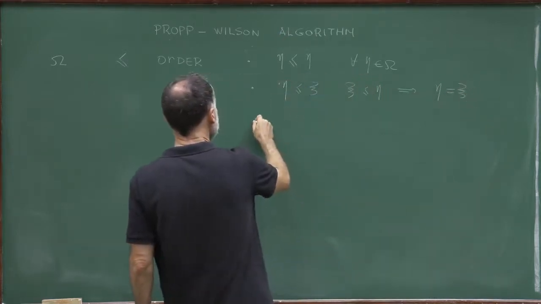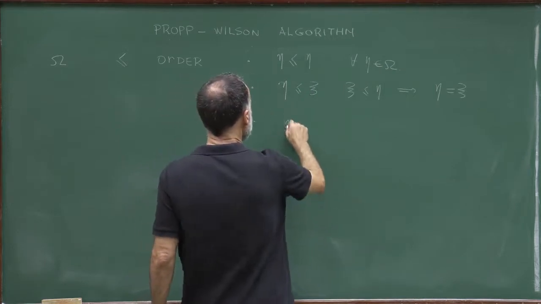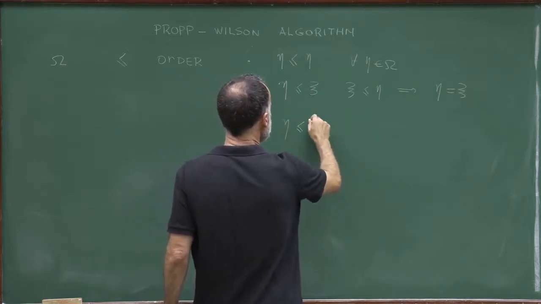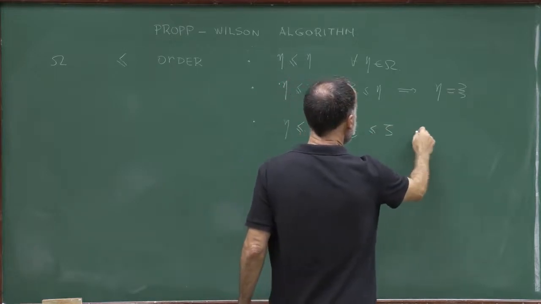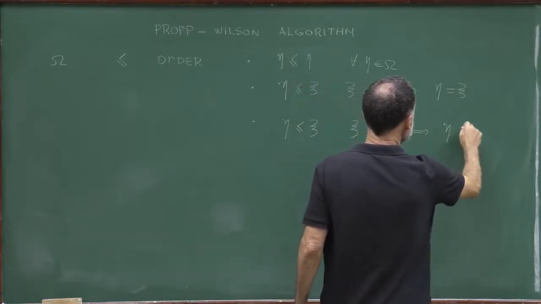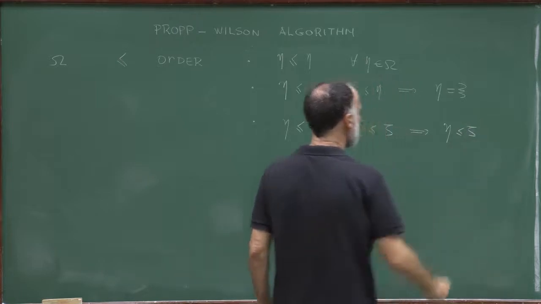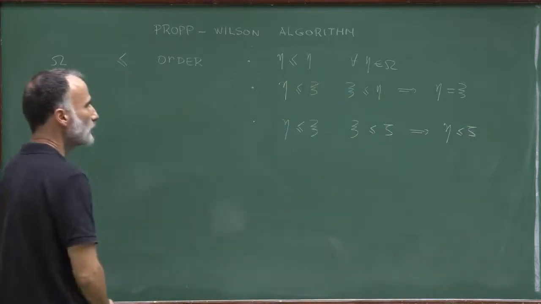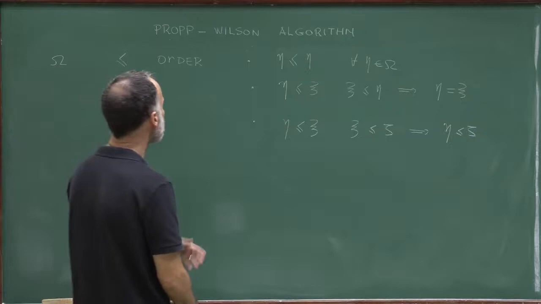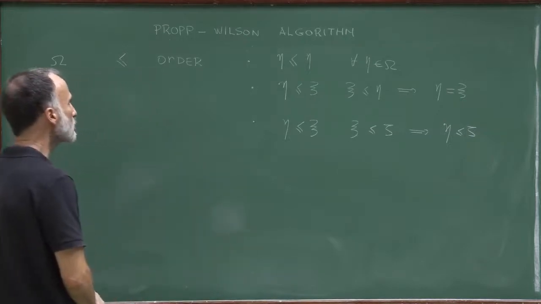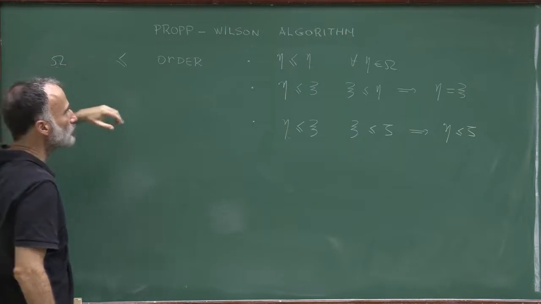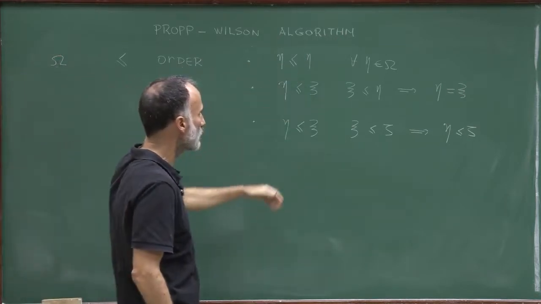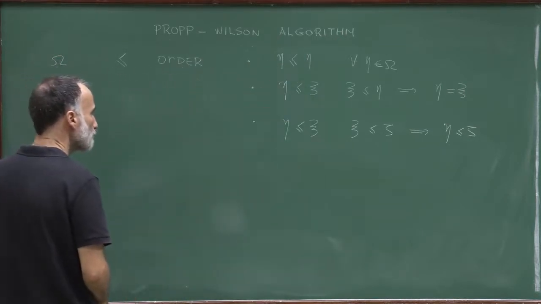And finally, I will require that if eta is less than xi, and if xi is less than zeta, then eta is less than zeta. So these are the relations required to be an order in a set. So I'll say that omega is an ordered set if there exists a relation which satisfies these 3 conditions.